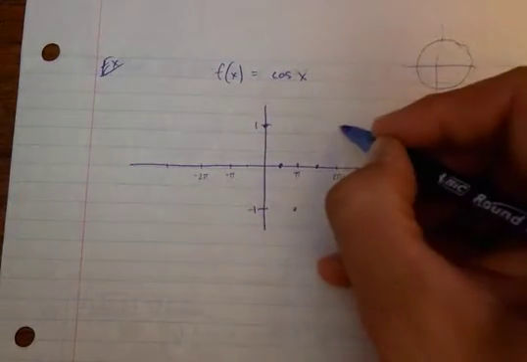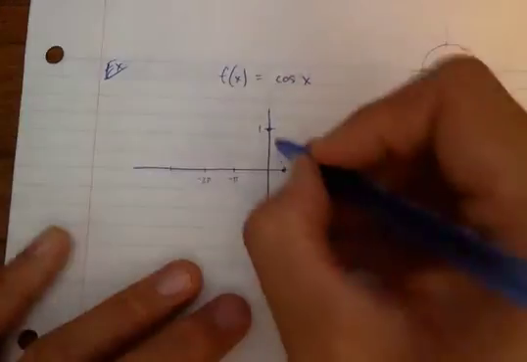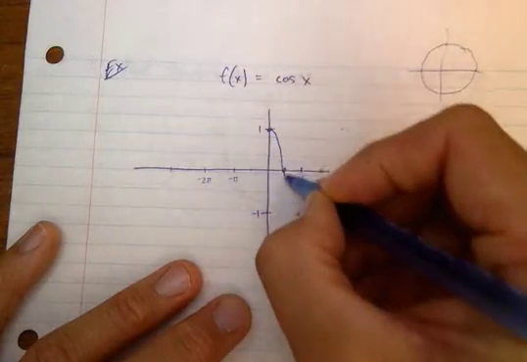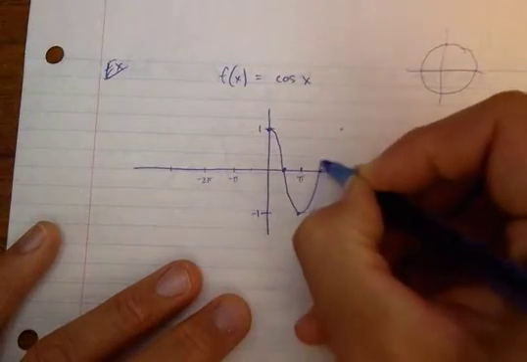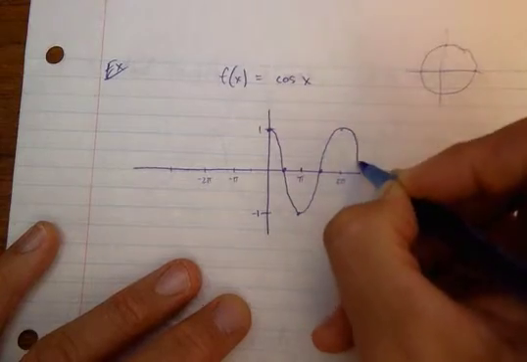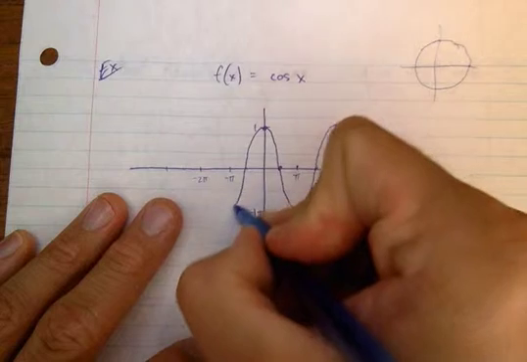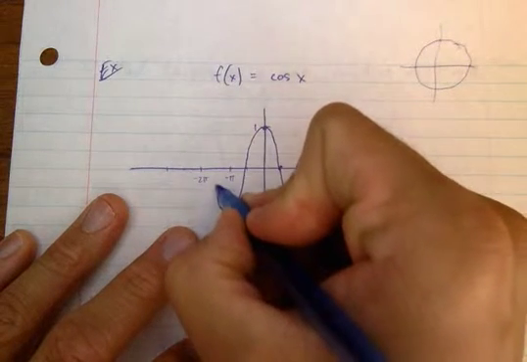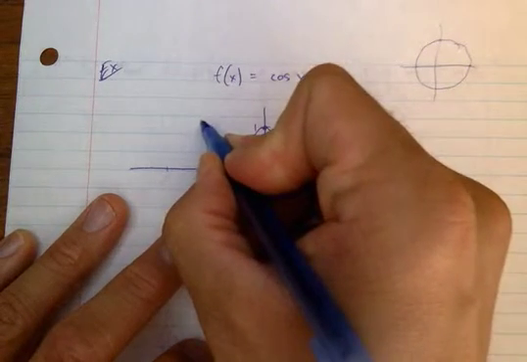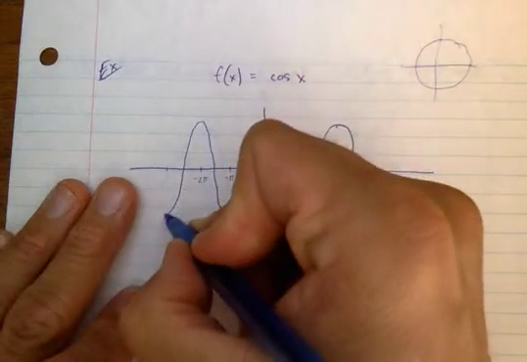And then at 2 pi, it's back to 1. So what we're getting here is this sinusoidal, cosinusoidal wave. And it's going to go this way. Okay.